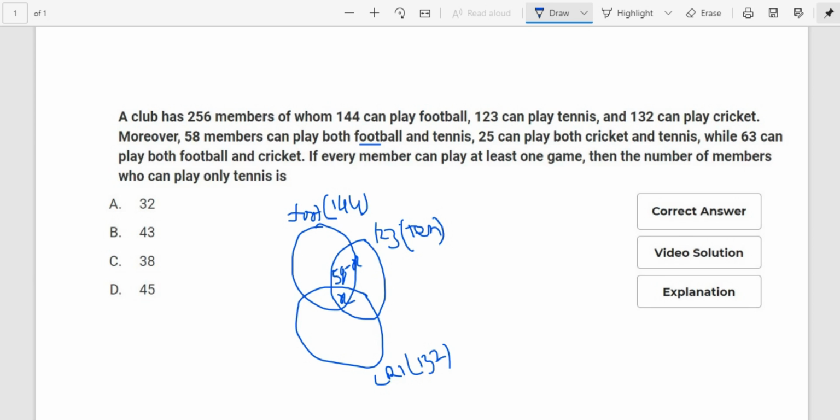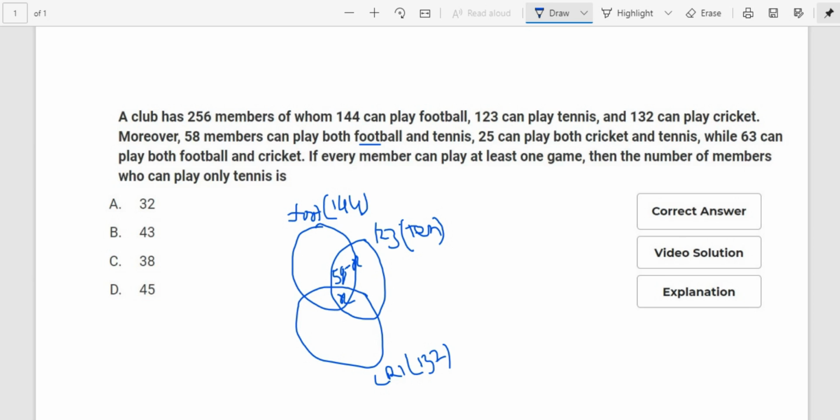So 58 members are playing football and tennis, but cricket is also common in these two games. Some of those players who are playing football and tennis might also be playing cricket, so I'm subtracting X from it.